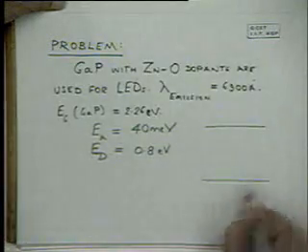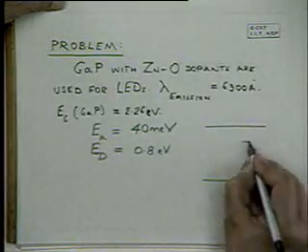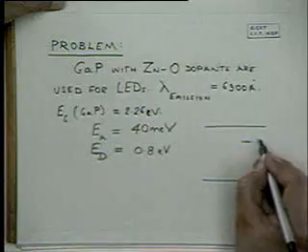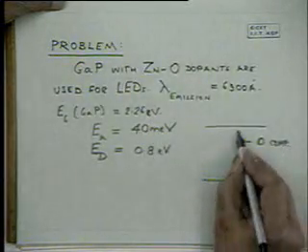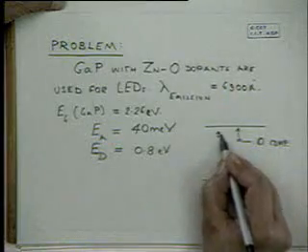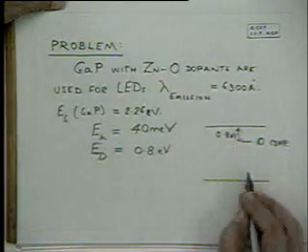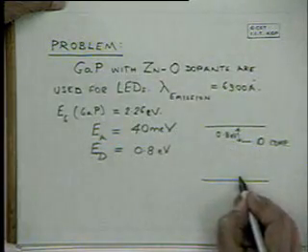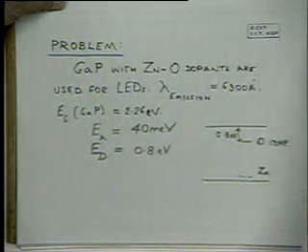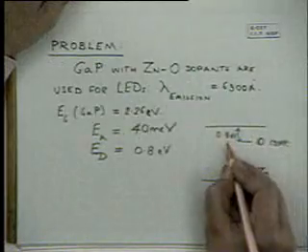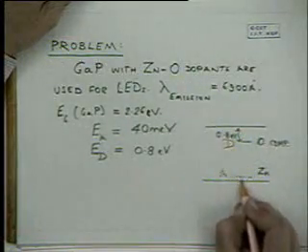So we have the oxygen complex, which is 0.8 eV. This is the donor, this is the acceptor, and this is 40 meV.